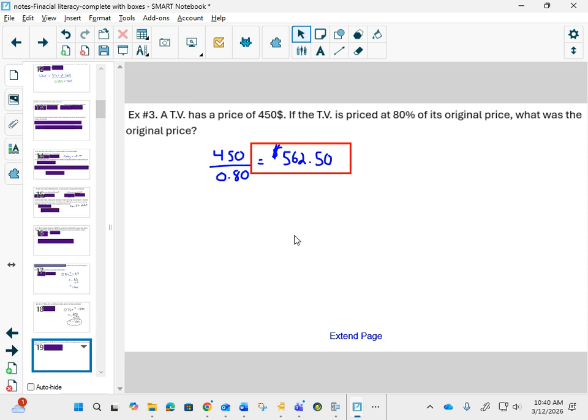Sometimes I'm curious about this. Sometimes I see a price, and they say this is now $450, and it's 80% of its original price. You're like, whoa, how much was it originally? And sometimes companies do this. This jacket's price is $40. Would you buy it?